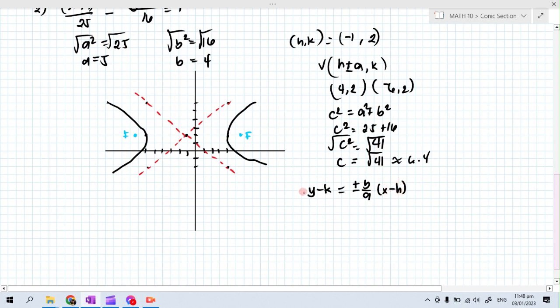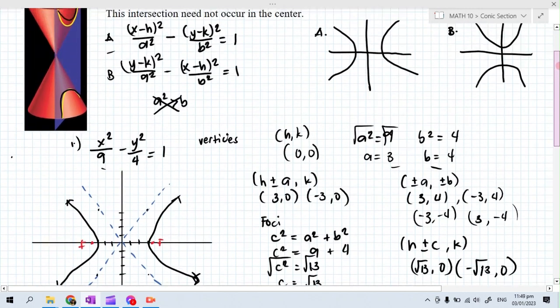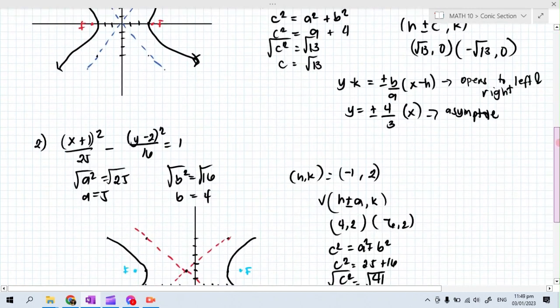So y minus 2 is equals to plus minus 4 over 5 times x plus 1. So that's the equation of our asymptotes. So that's it for hyperbola.